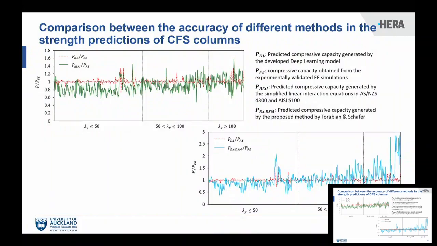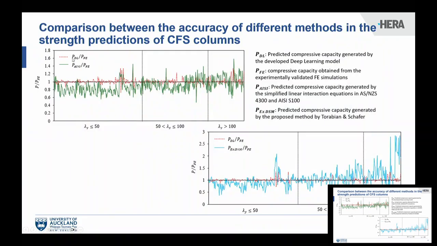Here, the normalized strengths that were obtained using the different methods were plotted against the predictions of the deep learning. For example, in here, we have the predictions of the deep learning and the predictions of the linear interaction equation, and also extended DSM.